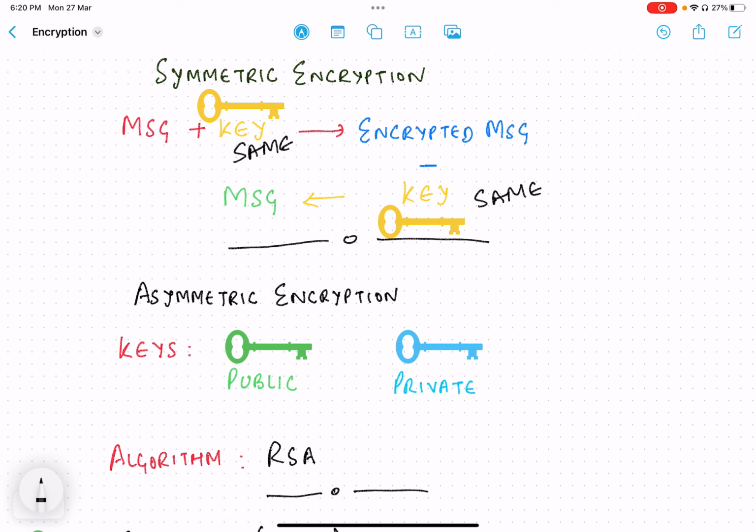There are now two keys, a public key and a private key. And these public-private key pairs are generated using an algorithm called RSA. You might have heard about OpenSSL, which also allows you to generate this kind of public-private key combination.